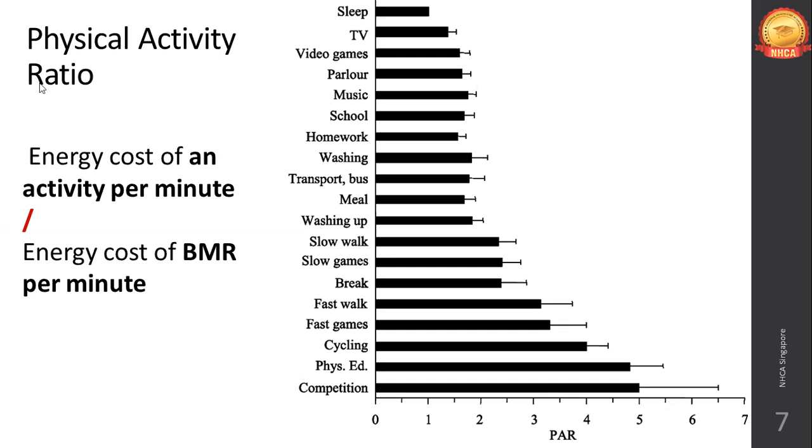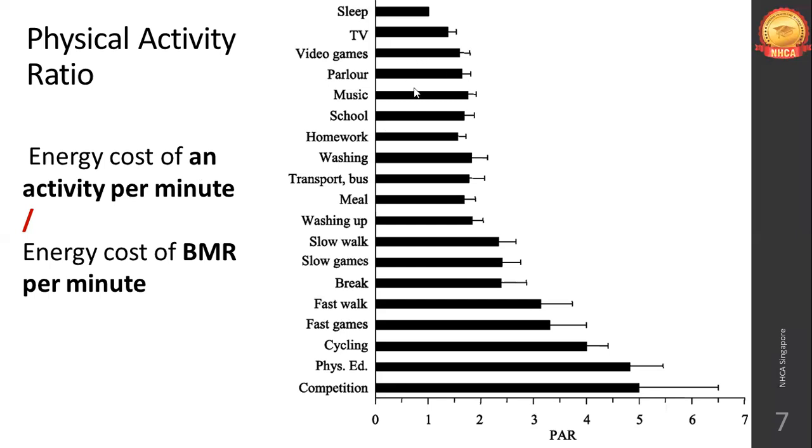Okay. So physical activity ratio, you will understand based on this particular formula. But for everything, first you have to identify what is the BMR. Convert the BMR into 1 minute, you will get an answer. Keep that answer aside, and then you will find the cost of activity per minute. Okay.